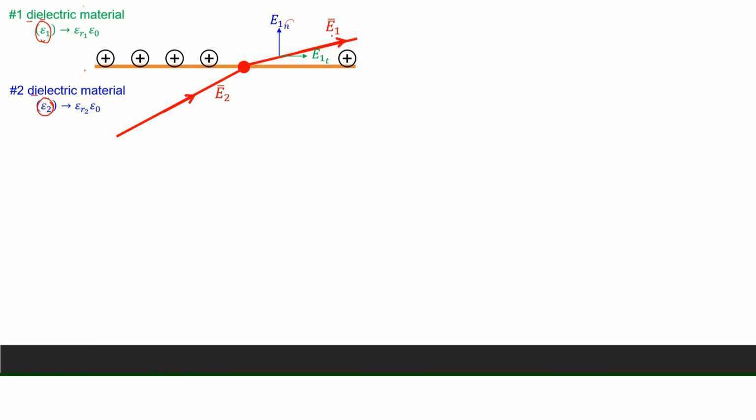Each of them, E1 and E2, can be separated into two components: the normal component and the tangential component. Let's discuss based on each component respectively.